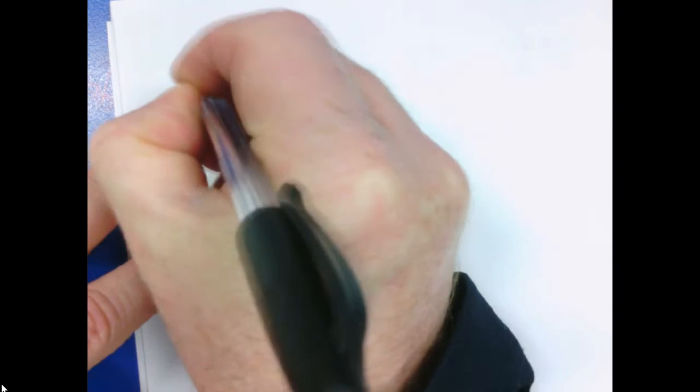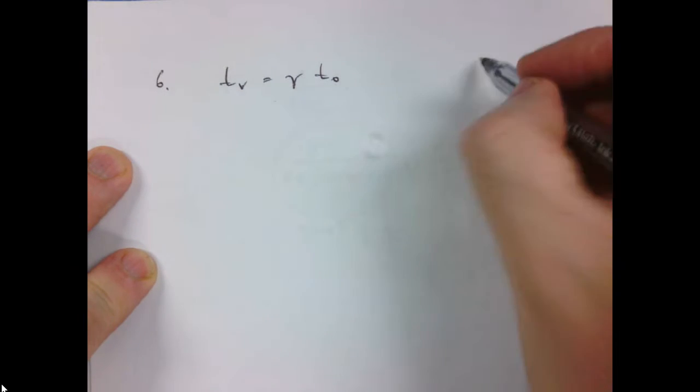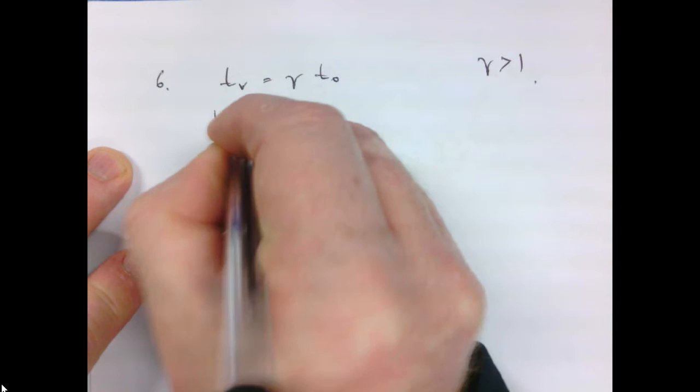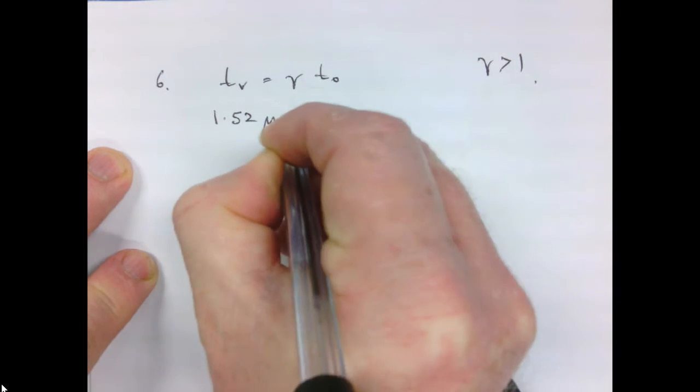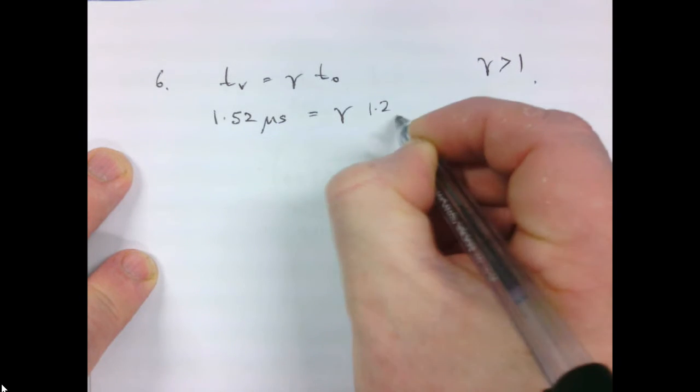So, question 6. The formula for time dilation is TV equals gamma T naught. Okay, remember, gamma is a number greater than 1. So when we look at it, it's 1.52 microseconds equals gamma times 1.2 microseconds.